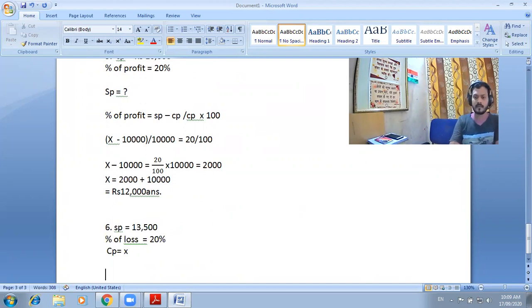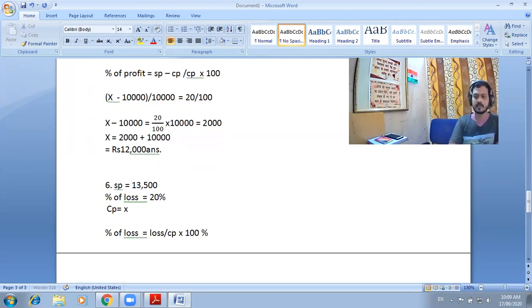Again, what is the formula for percentage of loss? Percentage of loss equals loss divided by CP into 100 percent.